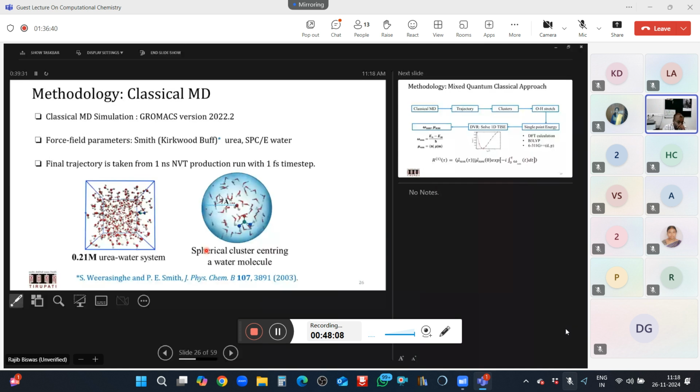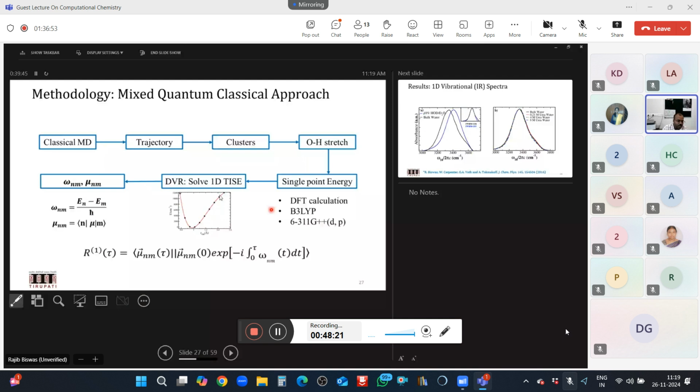We used this theoretical spectroscopy technique where we chose very small clusters of urea-water, and then built a theoretical spectroscopy setup, which goes this way. We took the classical MD trajectory and found those small spherical clusters, and then we mimicked the isotopically dilute infrared spectroscopy response using one single OH oscillator as a probe.